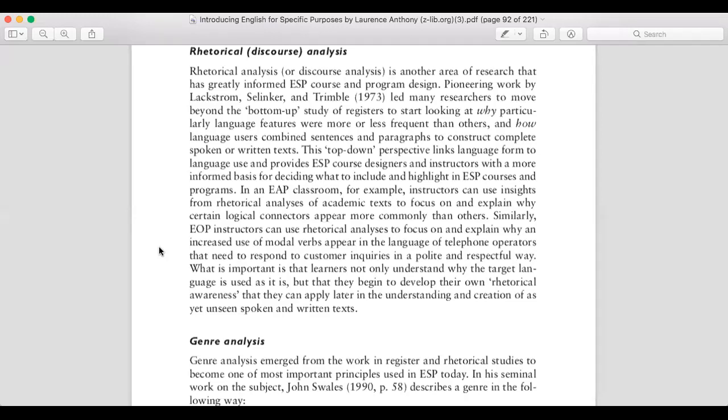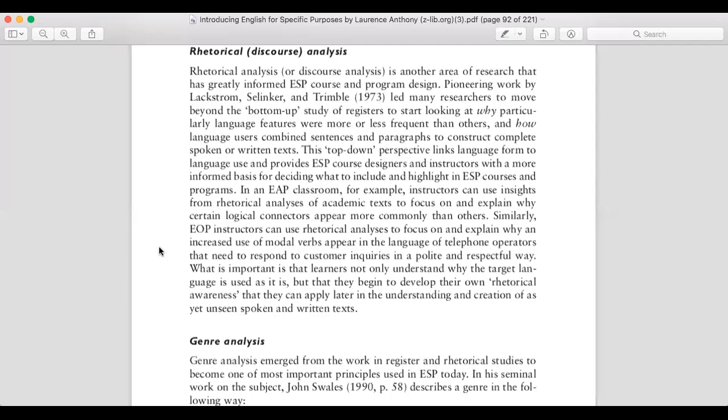Okay. So what I want to say here is that whatever analysis we would be reading, okay, register analysis we have already done. I was only revising it for you. So today we are going to do the rhetorical analysis, which was also called the discourse analysis.